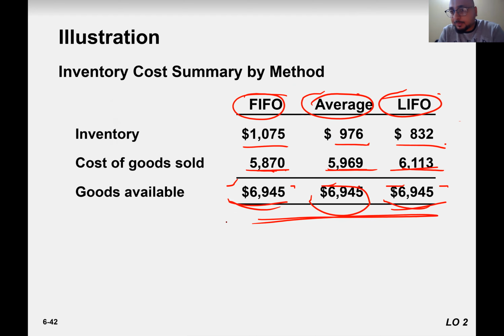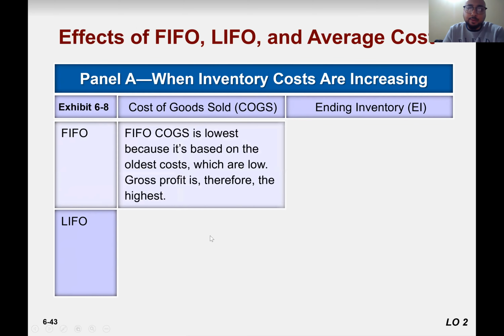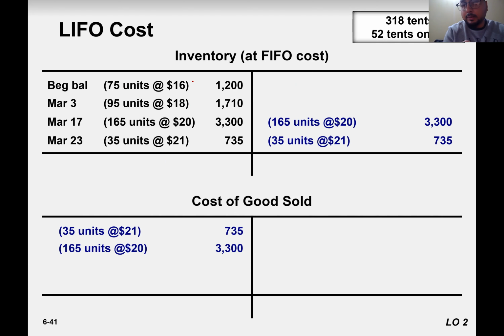So what we have derived here, up till now, is the case of inflation. You see, prices are constantly rising, like 16, 18, 20, and 21.